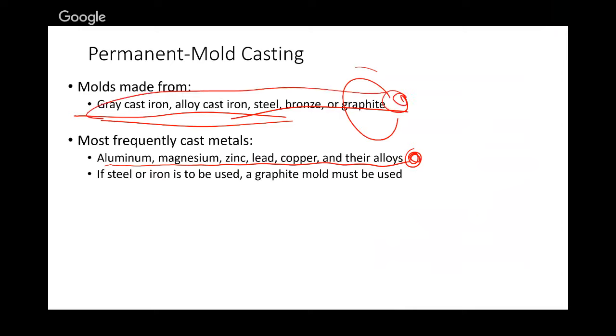Right. One note here is that graphite will need to be used if it's steel or iron, just because that's a little bit higher temperature, and the graphite, again, can resist higher temperatures than some of these other permanent molds.